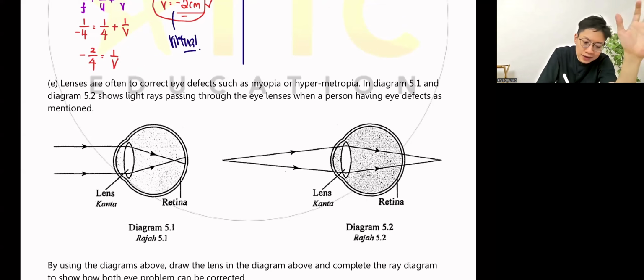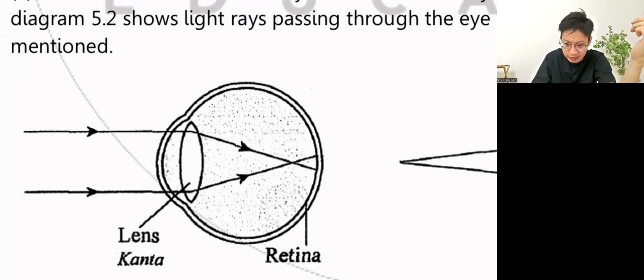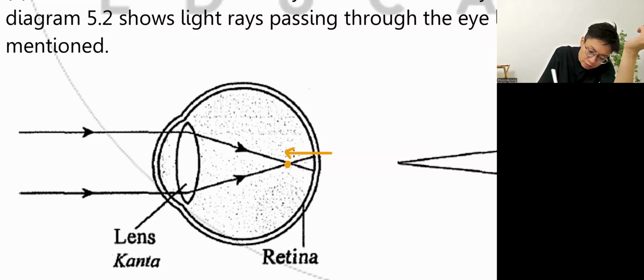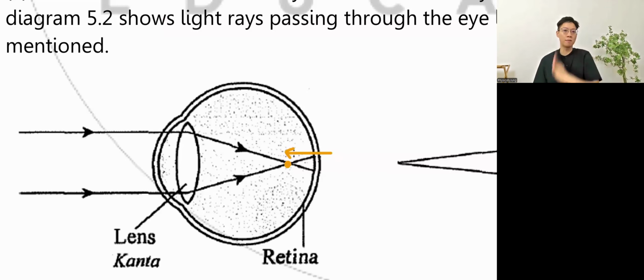5.1, guys. Okay, the reason why we call it short-sightedness is because it is too short already. You see where the image forms. Now the image is supposed to form on your retina, correct? The image has to touch your retina. But now it's too short. It doesn't reach the retina yet, but already got the image ready.